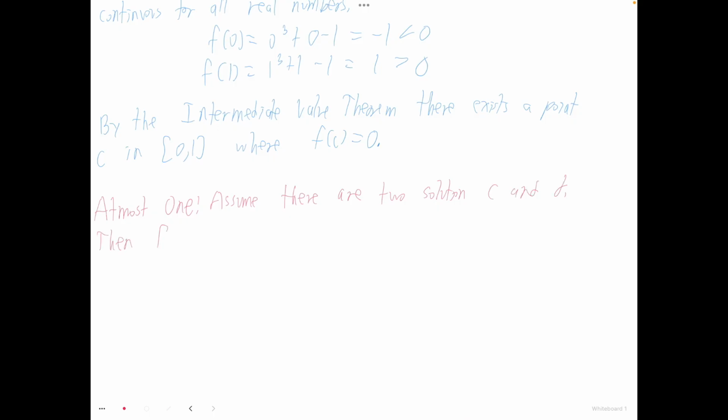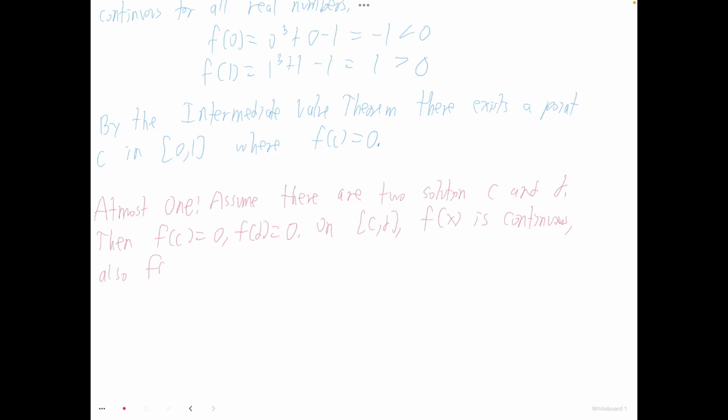Then f of c is 0 and f of d is 0. Okay, so we've got these two points that have the same y-coordinate, c and d. And so on the closed interval c to d, f of x is continuous. It's continuous everywhere, so it's certainly continuous there.